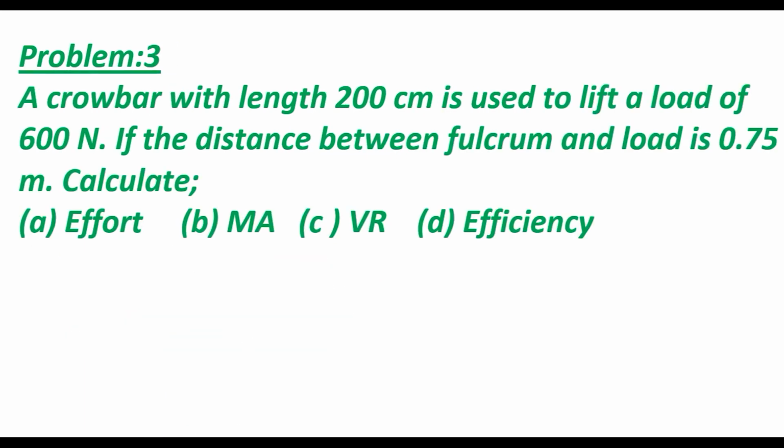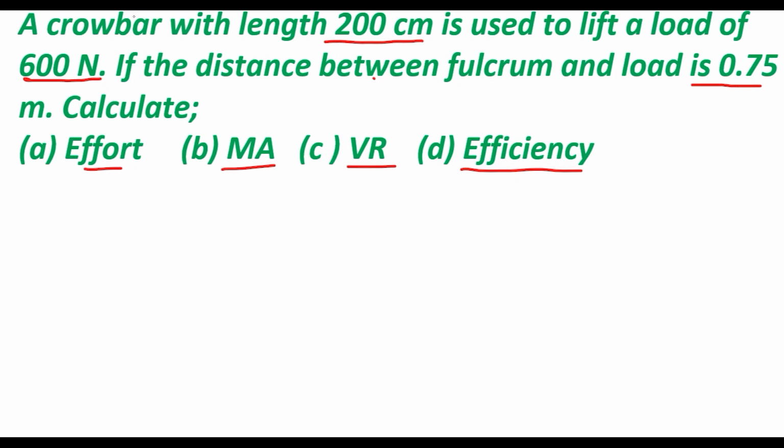In this problem, a crowbar with length 200 centimeter is used to lift a load of 600 Newton. If the distance between fulcrum and load, so load distance, is given as 0.75 meter, calculate the effort, MA, VR, efficiency. So first of all, this crowbar is an example of first class lever. We know that in first class lever, fulcrum is situated between load and the effort.